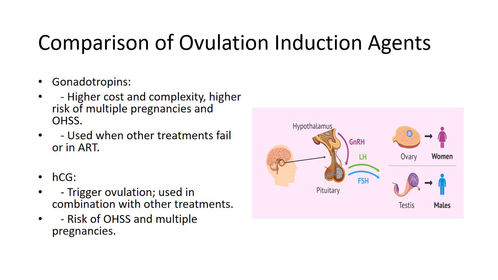Gonadotropins: direct FSH and LH stimulation, 90% ovulation, 20 to 30% pregnancy, 15 to 30%, no effect on endometrium, best for clomid or letrozole failure and IVF.